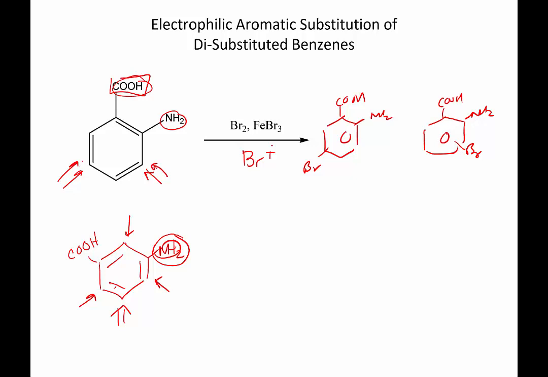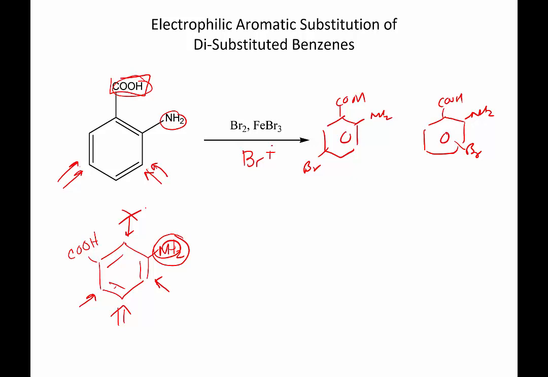So you're right, it's pointing to three different positions, all of which give different products. Right. But here's the problem. The problem is we never add in between ortho or between meta groups. When groups are meta to each other, we never add in between. And you might say, well, never? Yeah, never.